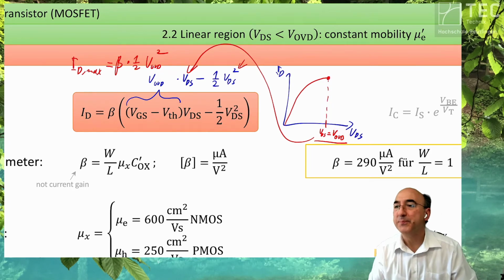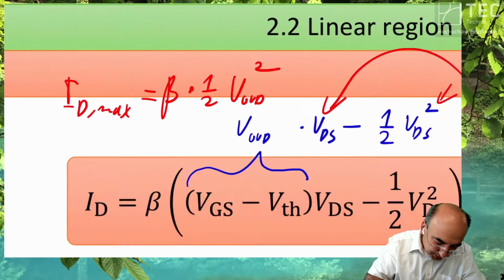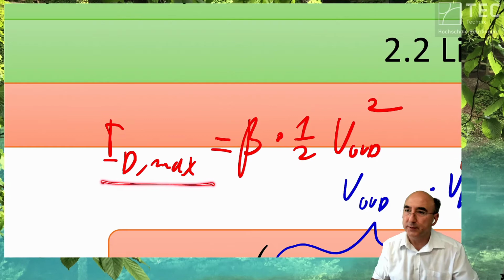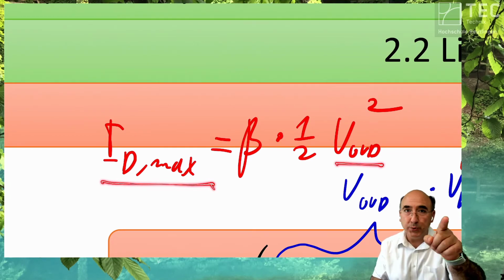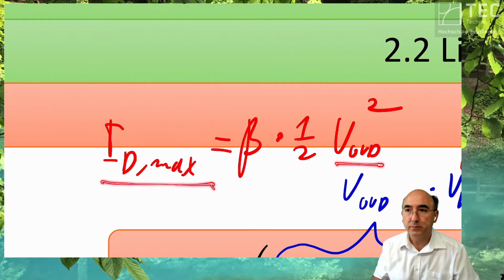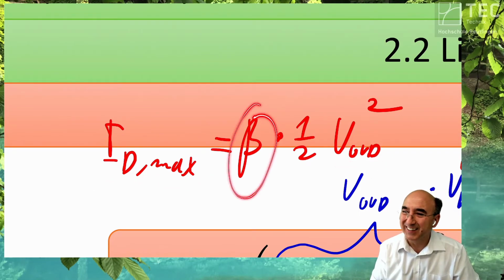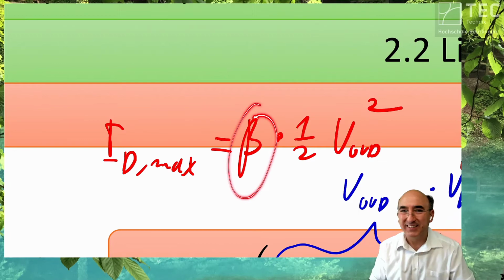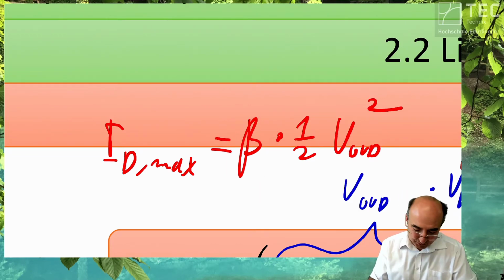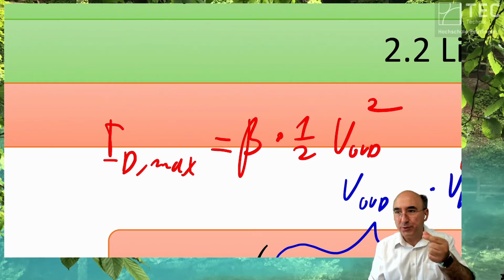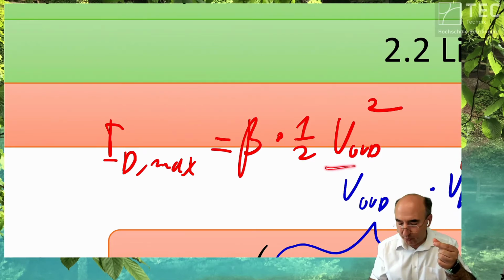Yeah, that's it. That means your maximum current is defined by you and by your design of your transistor. So if you want to have a smaller transistor, then you have to supply more overdrive.